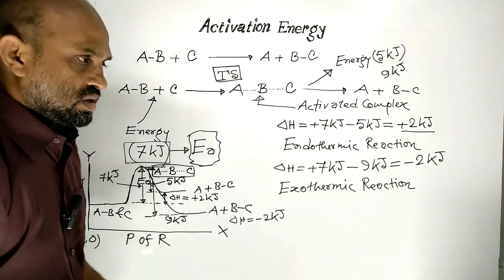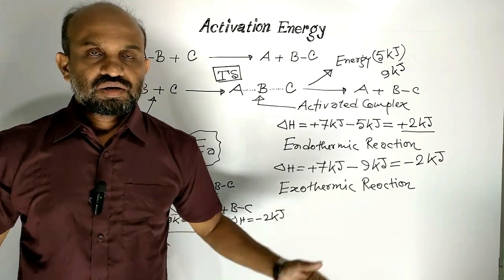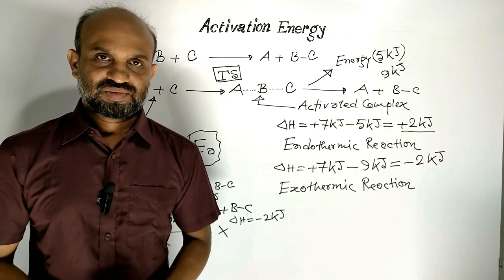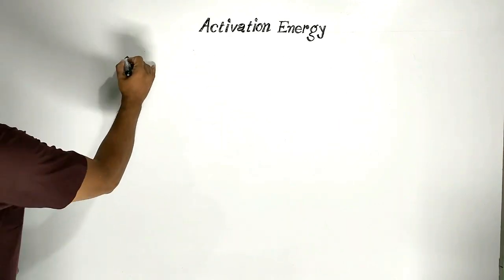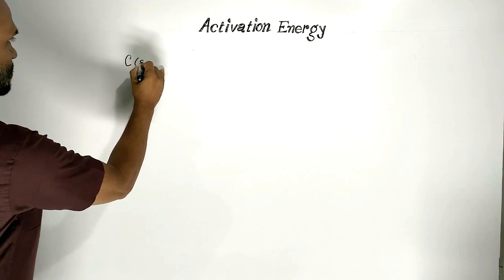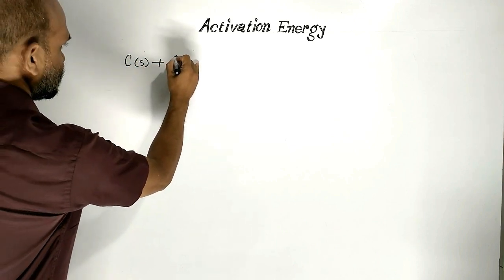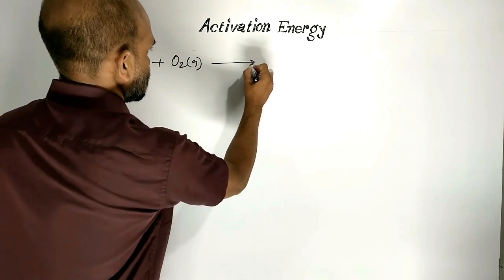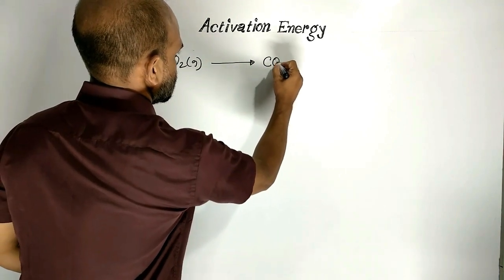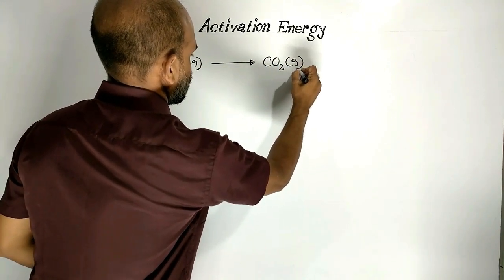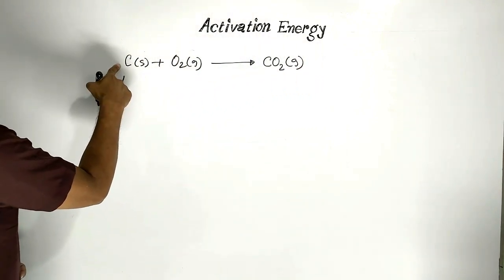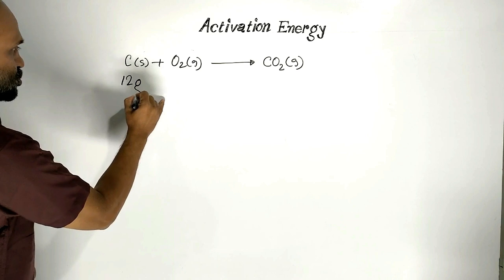Now, let us see examples of endothermic and exothermic reactions. Reaction of carbon and oxygen. Here, product is carbon dioxide. Gram atomic mass of carbon 12 gram.